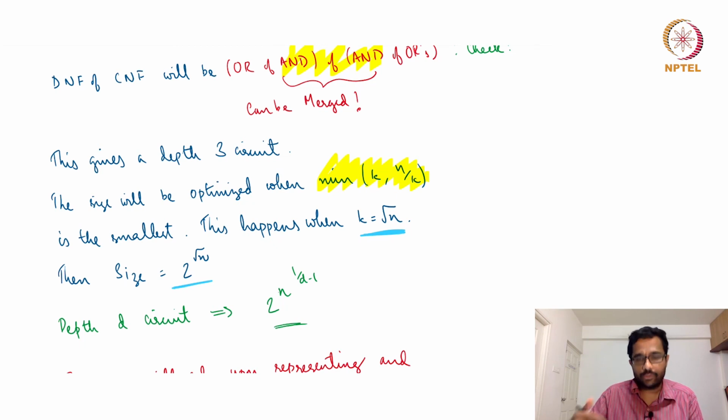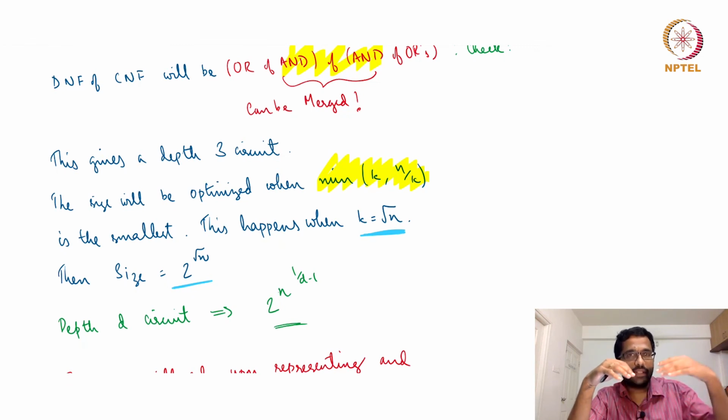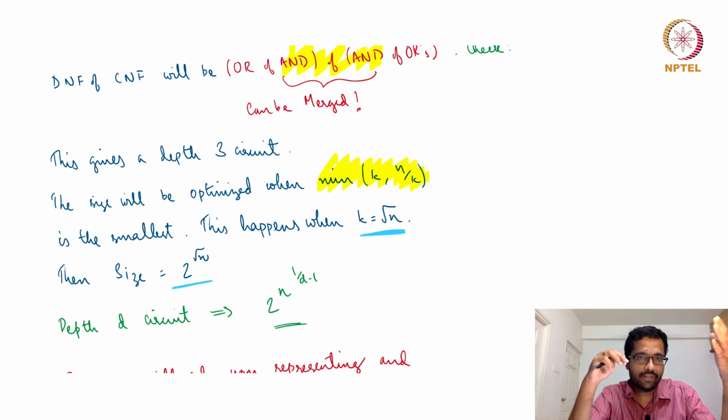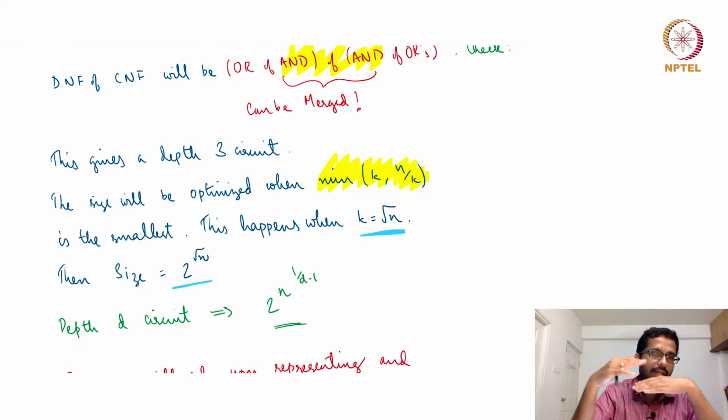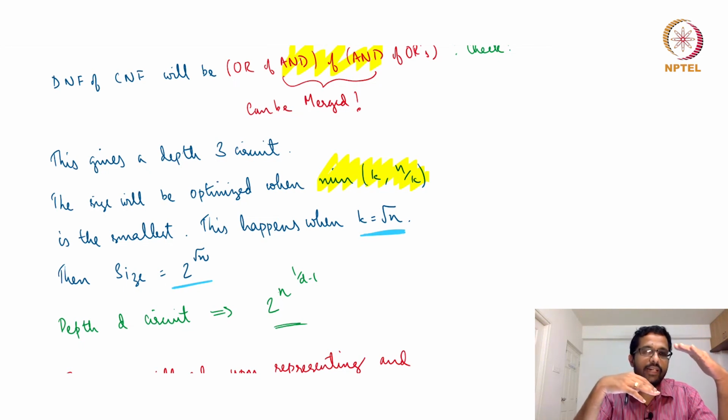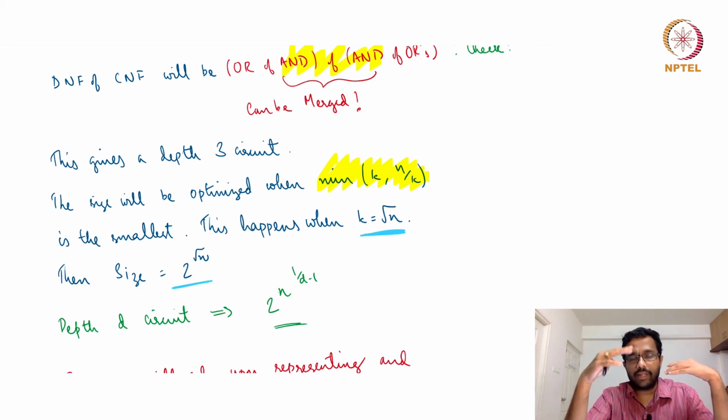And this can be generalized to a depth d circuit where you can start with a d minus 1 depth tree of parity, and you could implement them alternately with DNF and CNF, and therefore you end up merging all the, like, OR of AND, you can merge, OR and OR you can merge, and at the end you will get a depth d circuit.